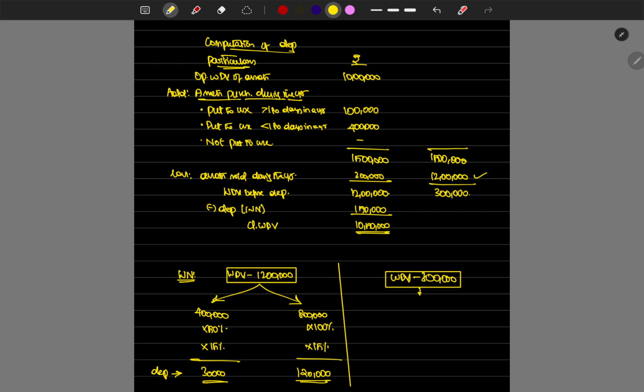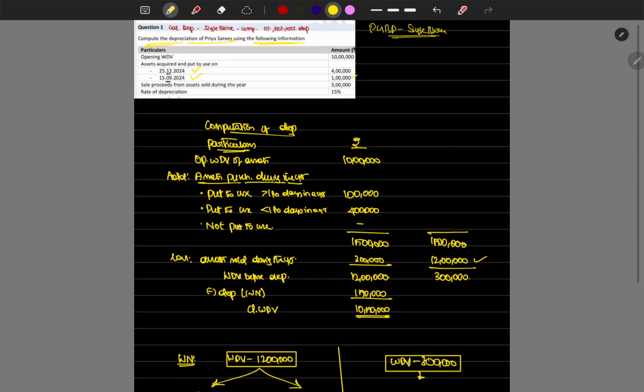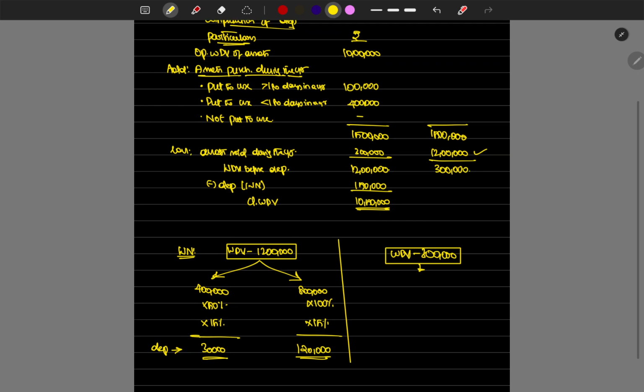Take an assumption, a reasonable approach: whatever assets are more than 180 days, assume that they are all sold.